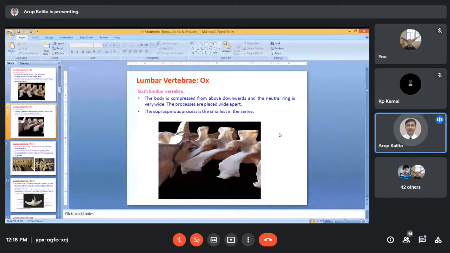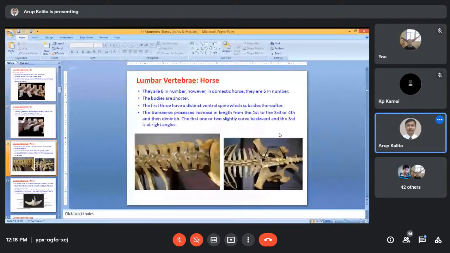Now coming to the horse, they are 6 in number. However, in the domestic horse, they are 5 in number. That means in some horses you will get 5, in some horses you will get 6. The bodies are shorter. The first 3 have a distinct ventral spine. The ventral spine I cannot show you here.